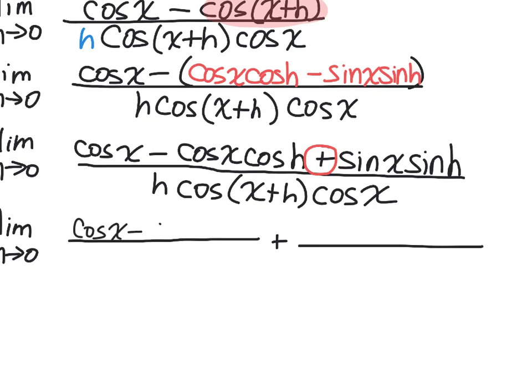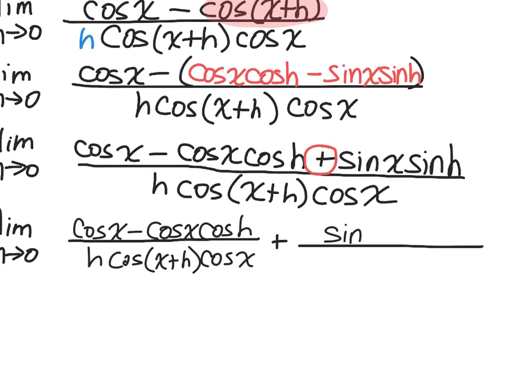Cosine x minus cosine x cosine h over h, cosine x, plus sine x sine h over h cosine x. Just a lot of writing. But at this point, the flow of it should make some sense. It's just a question of actually physically doing it without agonizing pain in your hand.